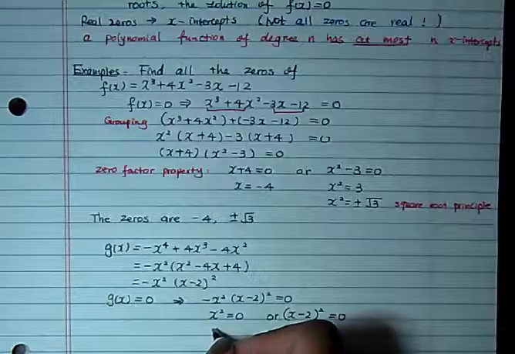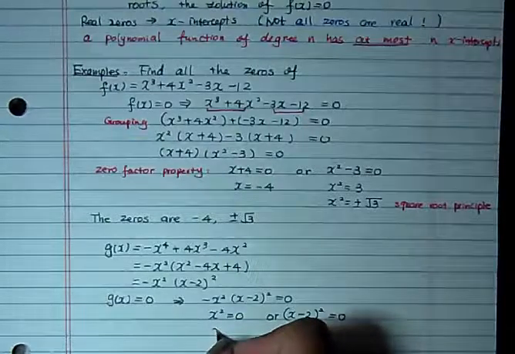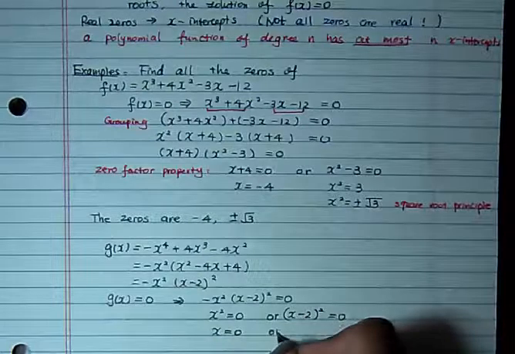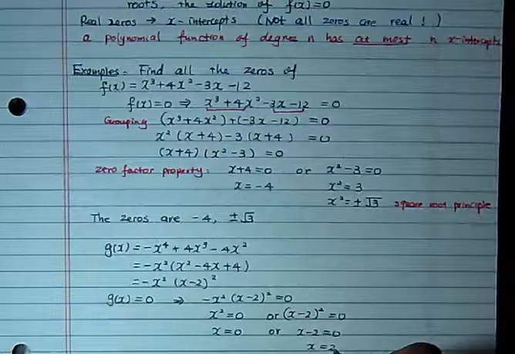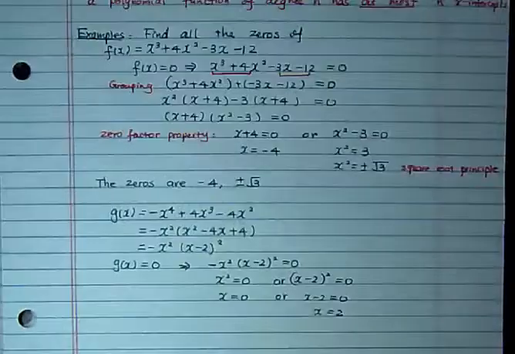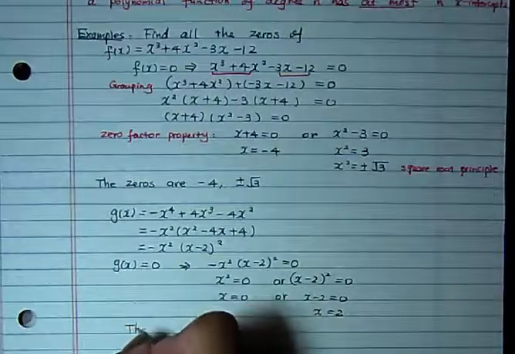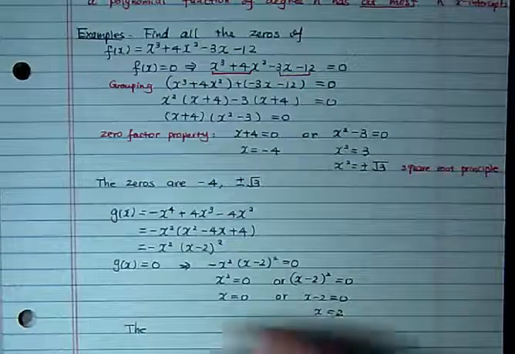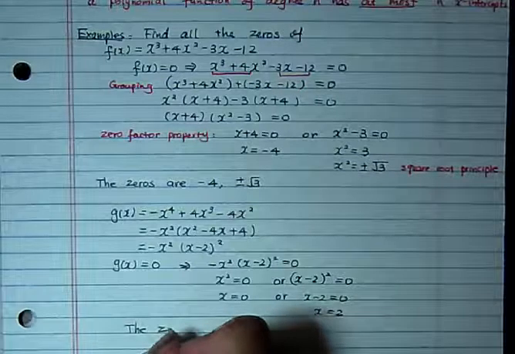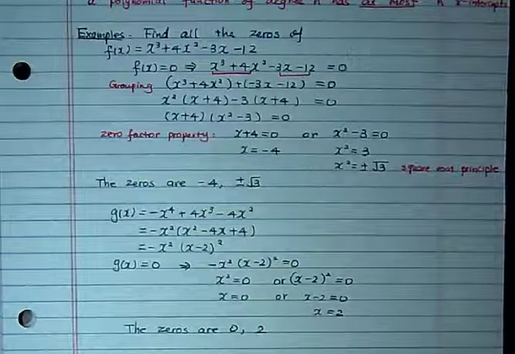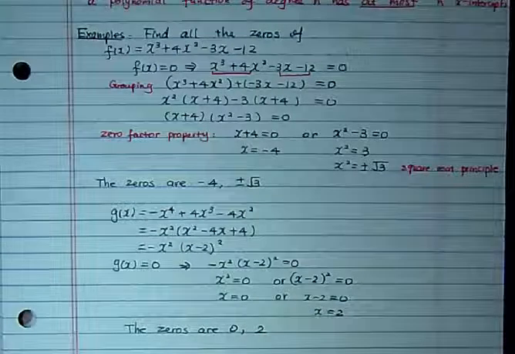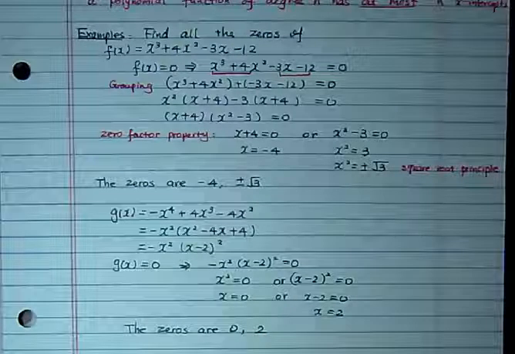Well, 0 does not have sides, so it still equals 0. And for this one you get x minus 2 equals 0, so x equals 2. So you will have 2 zeros in here. The zeros are 0 and 2.